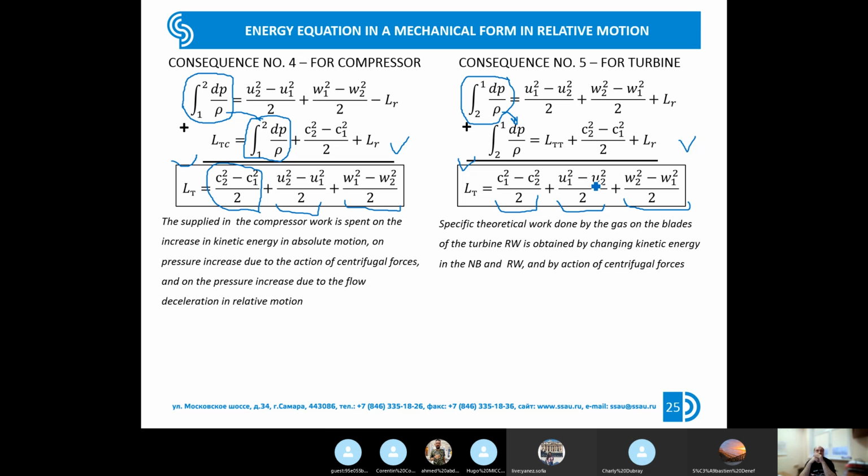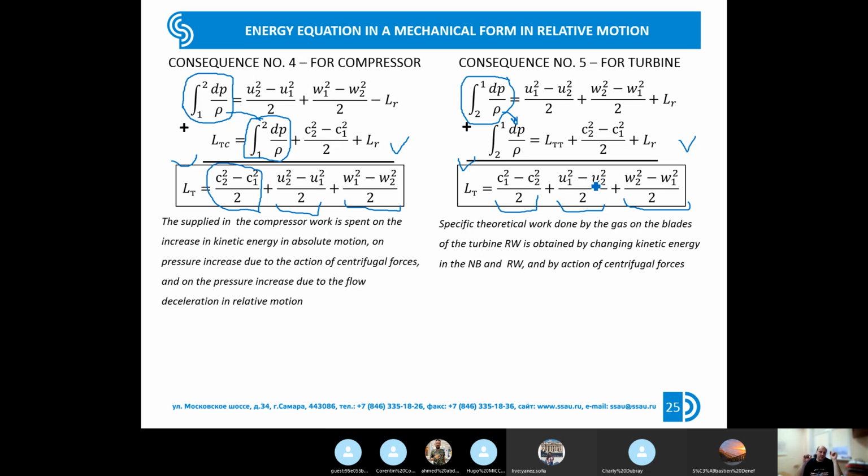Of course, you could think that these two conclusions are rather boring, and maybe it's not clear how to use them in real practice, how to explain something in the working process of the turbomachinery. And I think it's more interesting to compare these two equations.